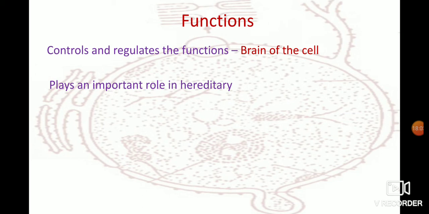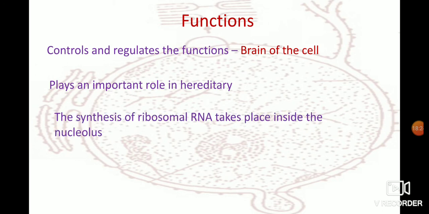The nucleus is the vehicle for transmission of hereditary characters through chromosomes during cell division. So nucleus plays an important role in heredity, that is the transfer of the characters from the parents to offspring. The synthesis of ribosomal RNA takes place inside the nucleus.